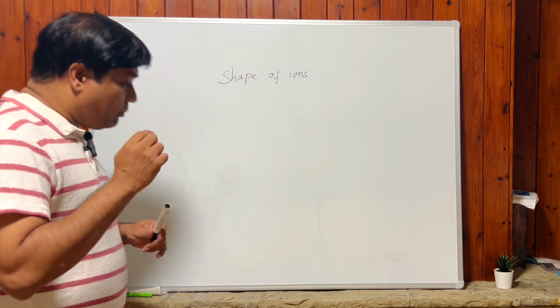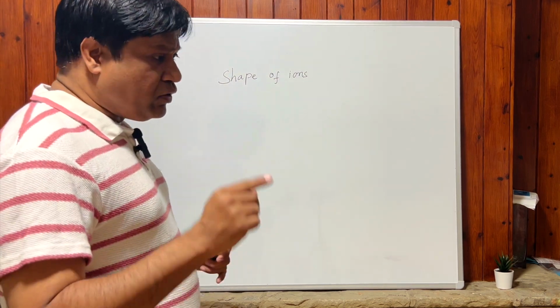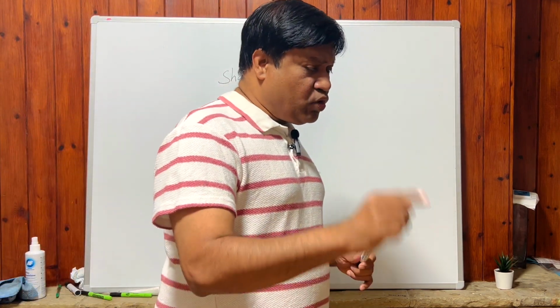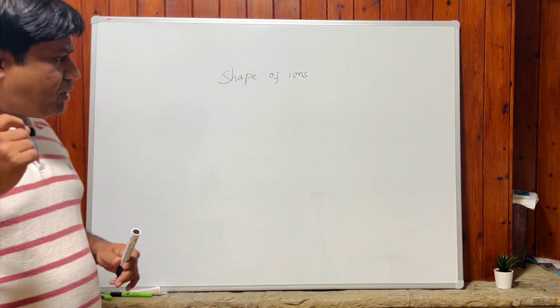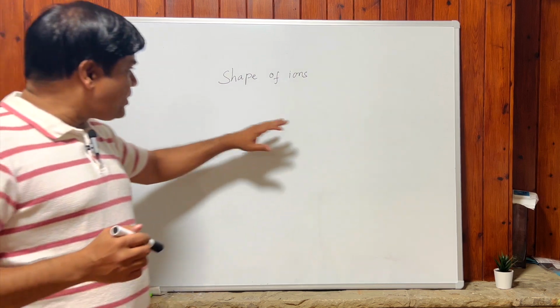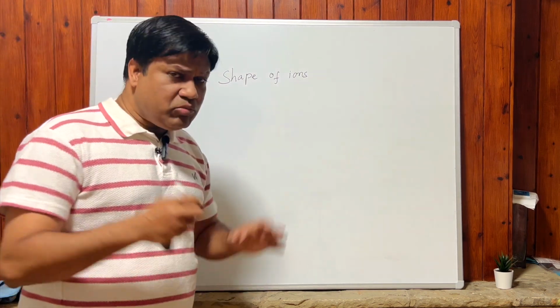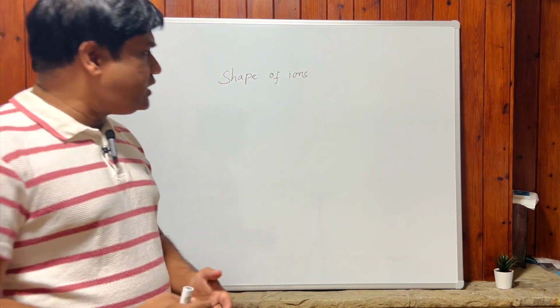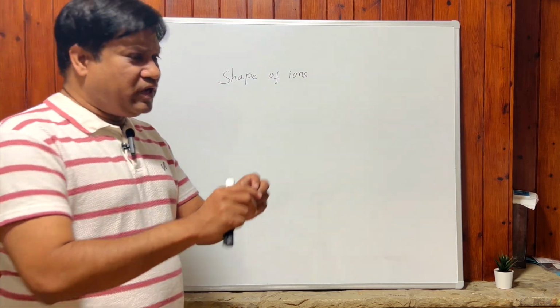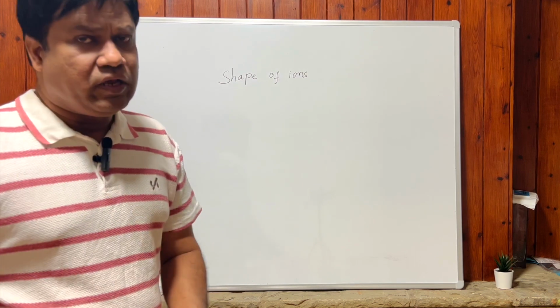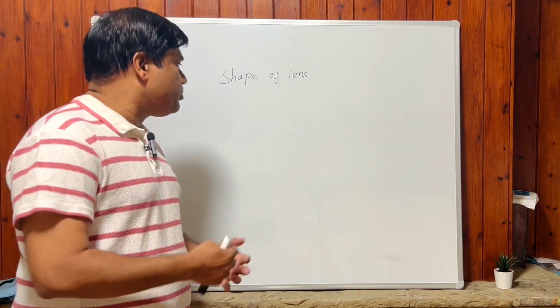Now, the negative charge causes a repulsion, because the negative charge is nothing but a pair of electrons. So because of the presence of the negative charge on any molecule or ion, the bond angle is distorted, meaning it changes its bond angle, and also affects the shape of the molecule.